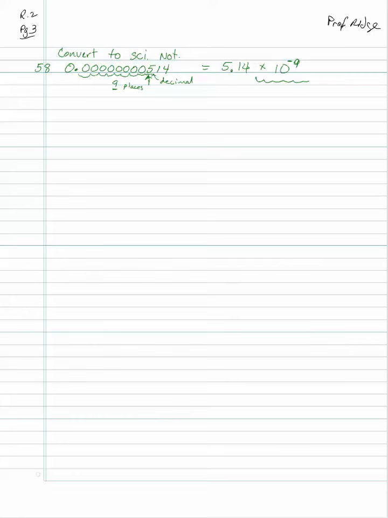One's going to be going right, one's going to be going left, and it's for the same thing. So you always got to keep perspective that this is what's moving it. If I times by 10 to the negative 9, that's like dividing by a big number. So this 5.14 will get smaller, and that's definitely what I want. Okay, so you just got to kind of keep it straight. I'm sure you're good at it, so if you have any questions, you can ask me in class.